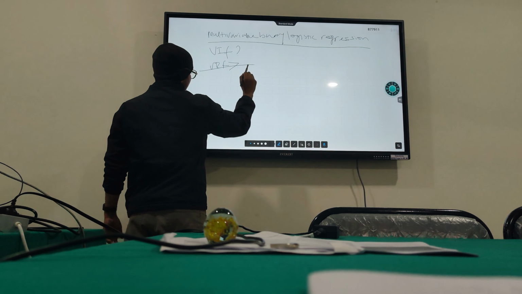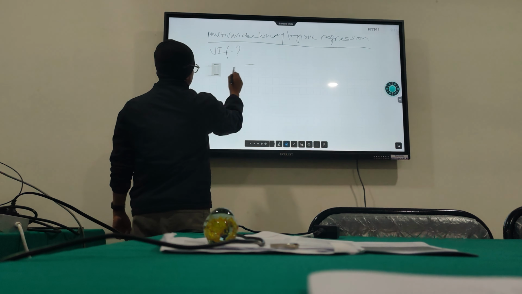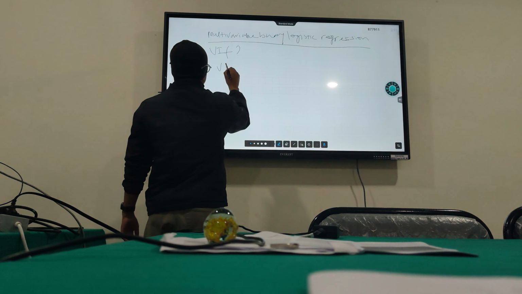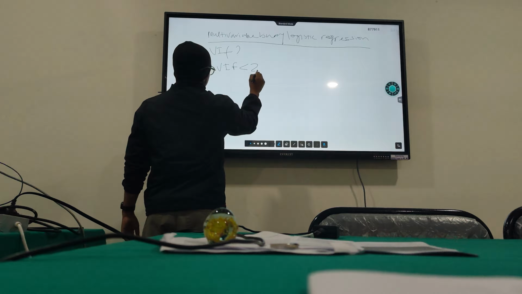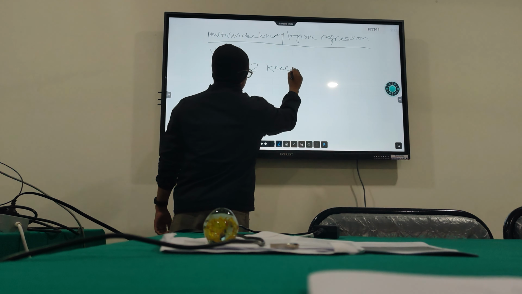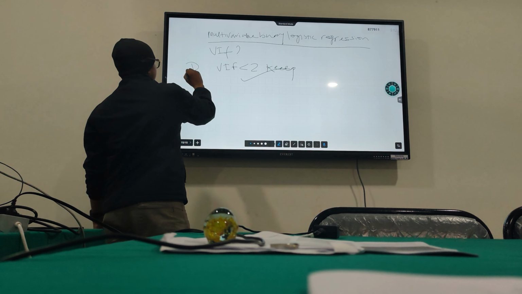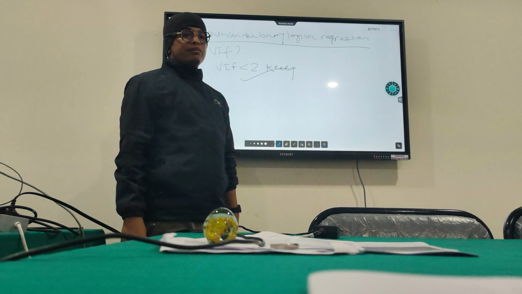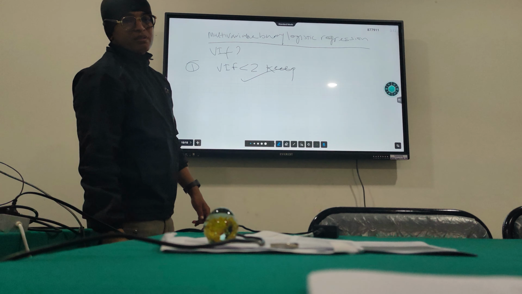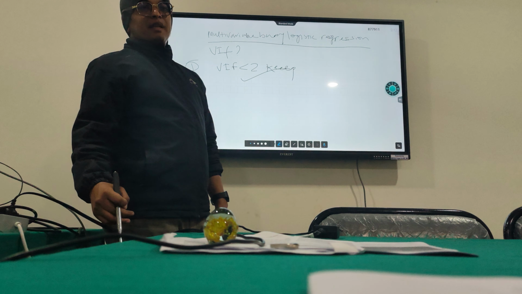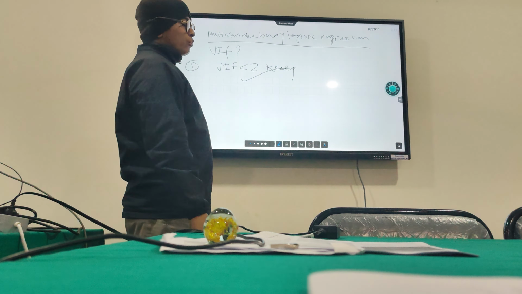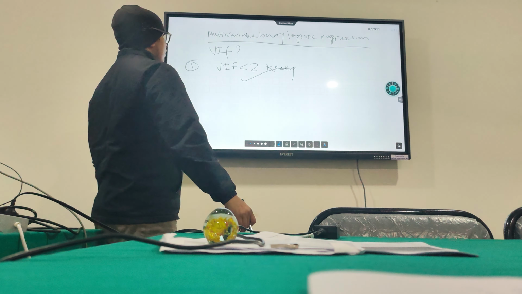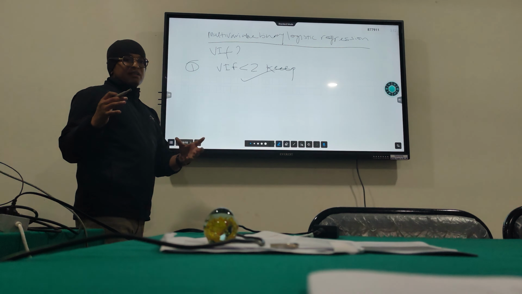VIF less than 2, keep. First important thing is to check VIF for the variables. If VIF is less than 2, then keep it for the model, and other parts are the same.